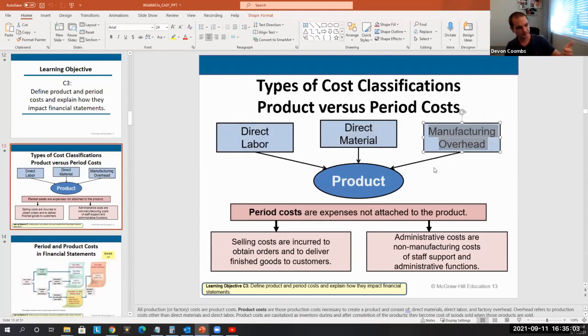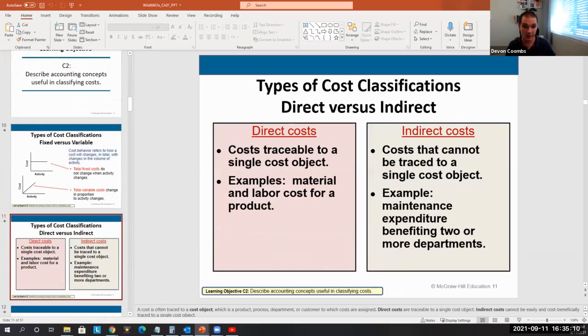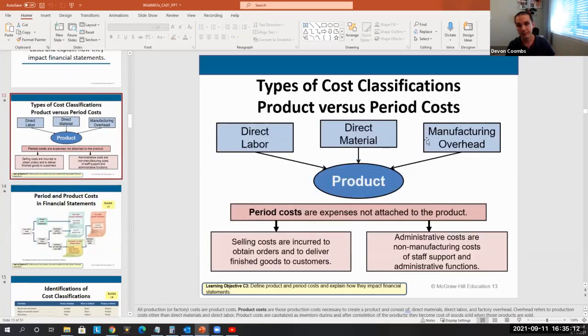So that might be your electricity. These are your indirect costs from back here, right? Your indirect costs are generally going to be your factory overhead that we need to somehow apply to the product. Because let's say I charge for my recording studio services, I charge the exact amount of my labor. So I'm like, oh, my labor is $20 an hour.